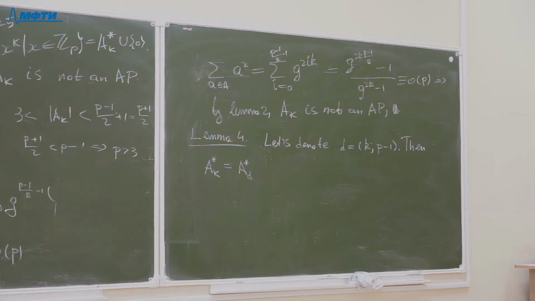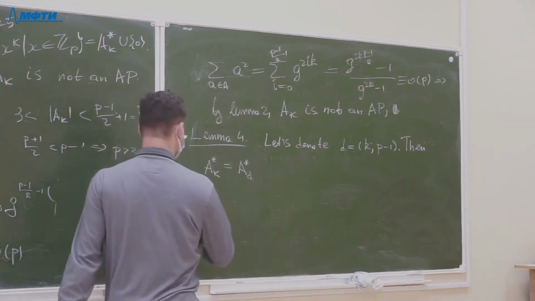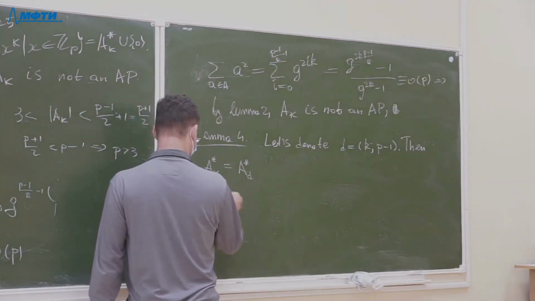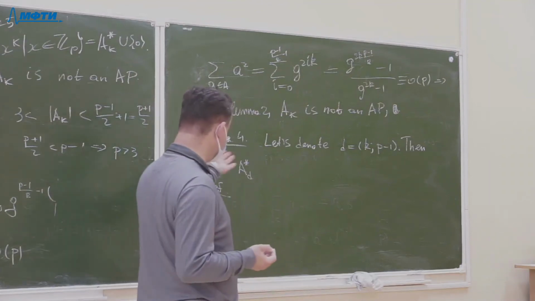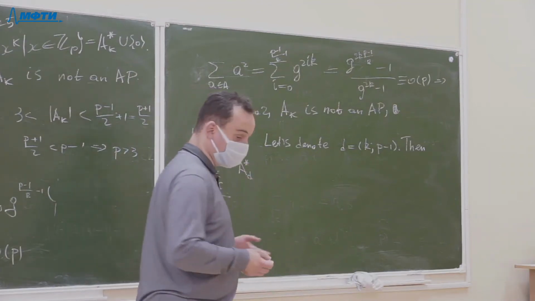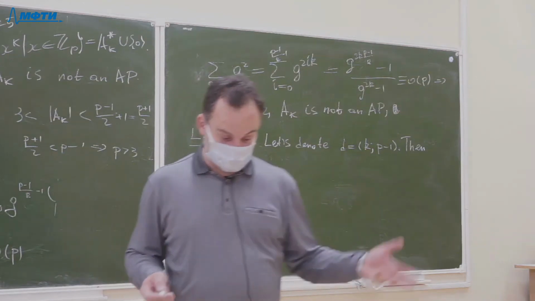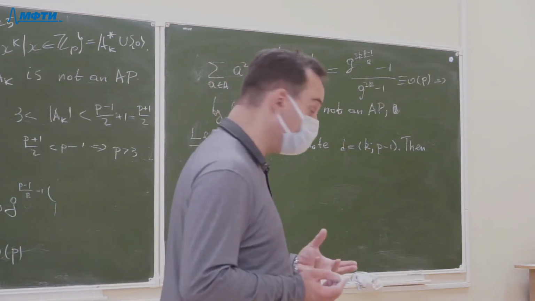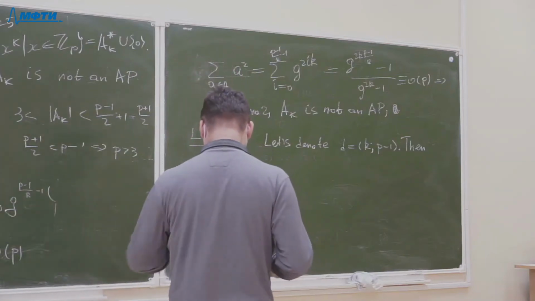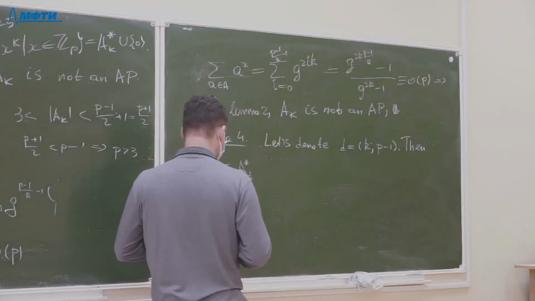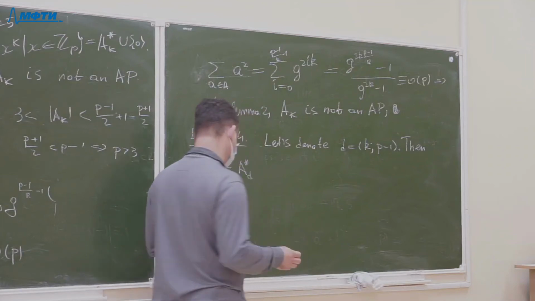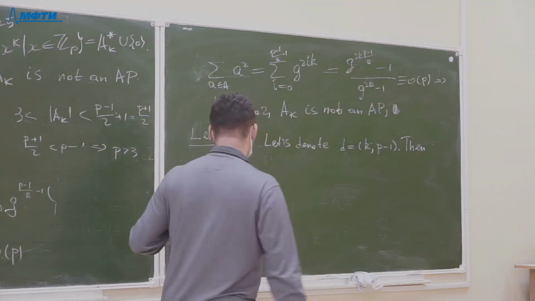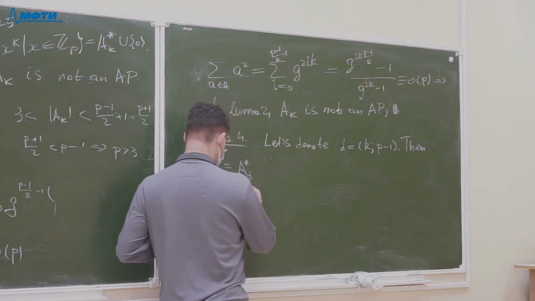Proof. Okay, good. Well, let's return to our generators, right? Look here. This inclusion, A_D* is a subset of A_K*, is simple.